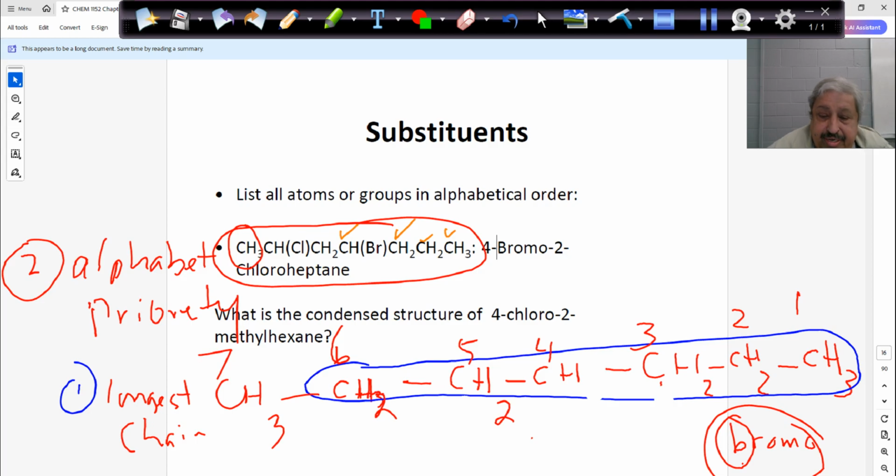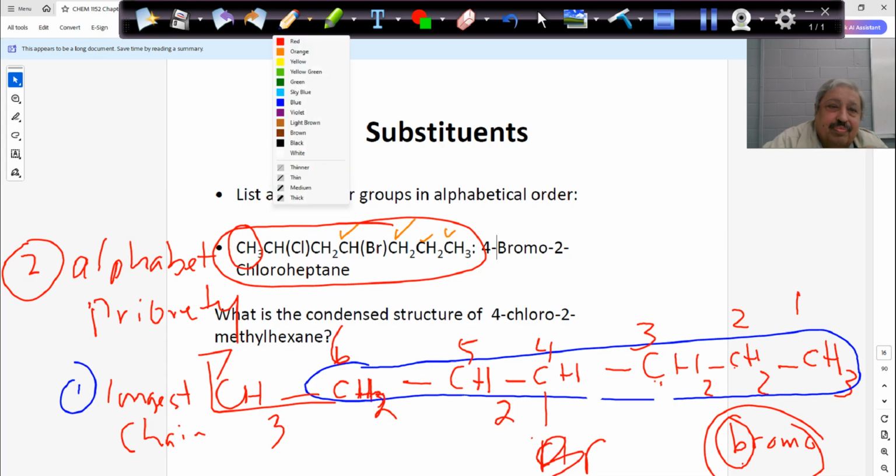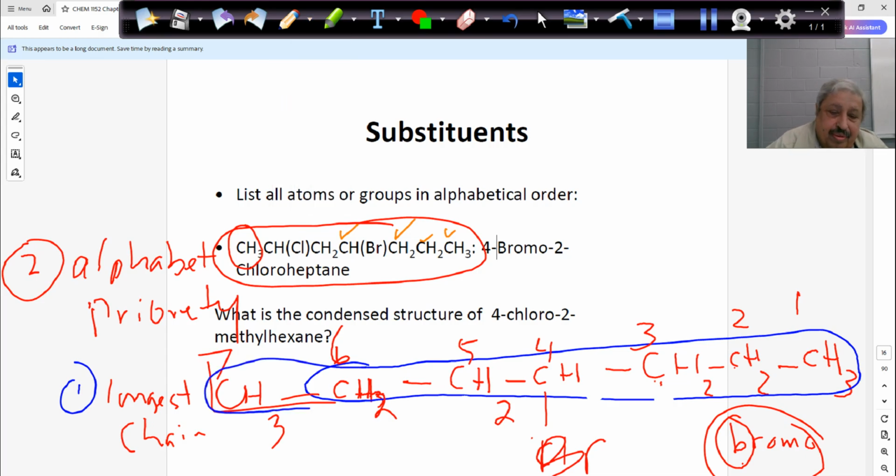So number 3 is connected to the chloro here, and number 4, or 1, 2, 3, 4, that's the bromo here. And number 3, yes, so here it is.